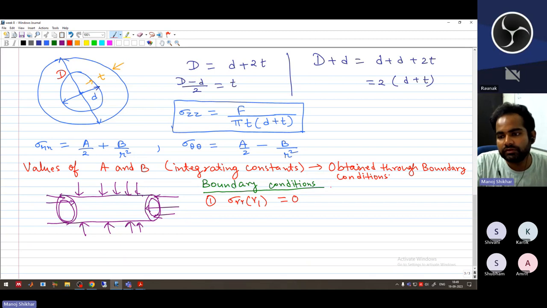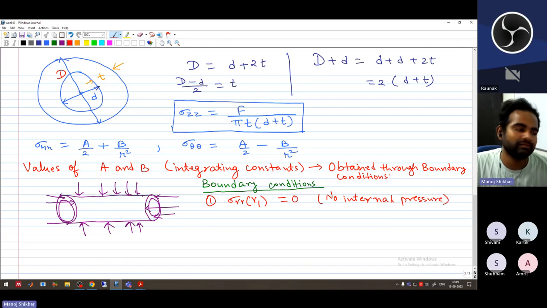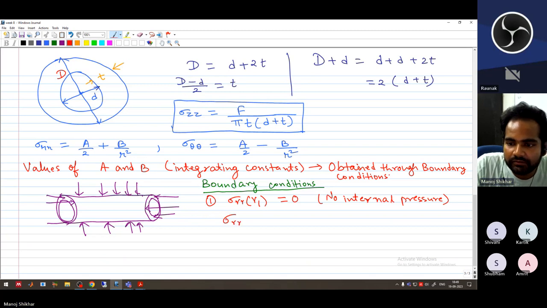Why is it 0? Because there is no internal pressure. But we can't say anything about sigma RR at R2.